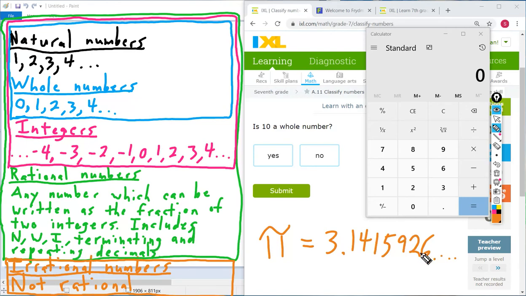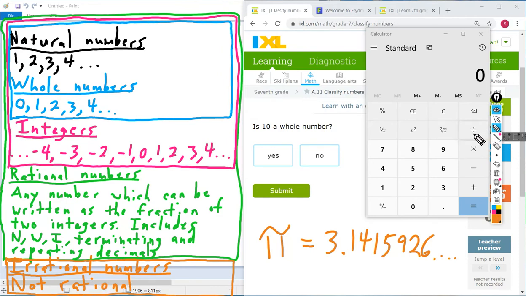It does not end. It goes on and on and on forever, but it also does not repeat. It's not 3.11111. It's not 3.14141414. It actually never repeats itself. So pi is not a rational number, it's irrational.